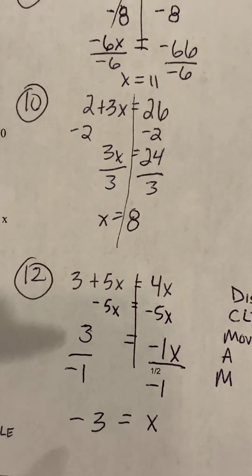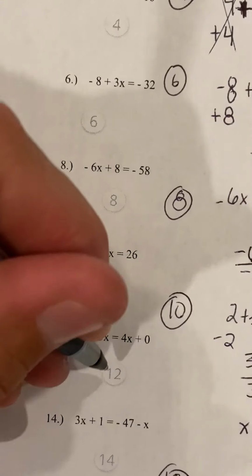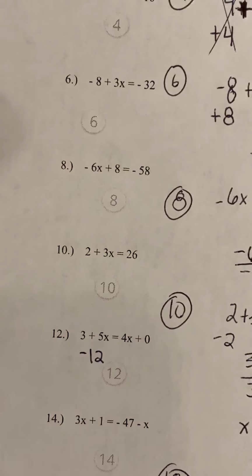That'd be a good one that maybe you want to go back and check, especially if you have your calculator. So I could do my calculator, I could do 3 plus, and then in parentheses I put 5 times negative 3. Okay. And that side's negative 12, so if I'm going up here and I check this, this side was negative 12.